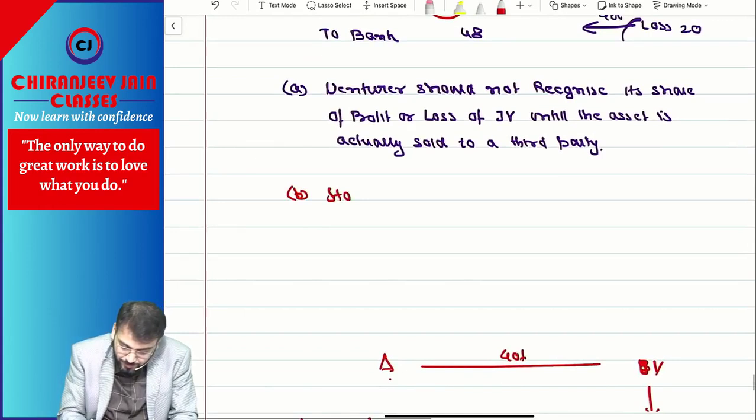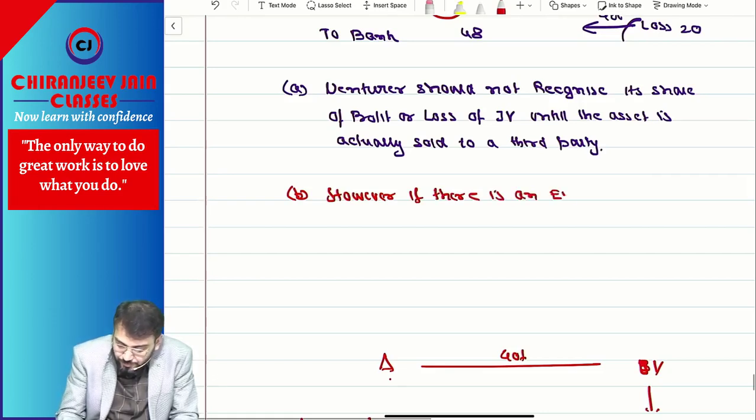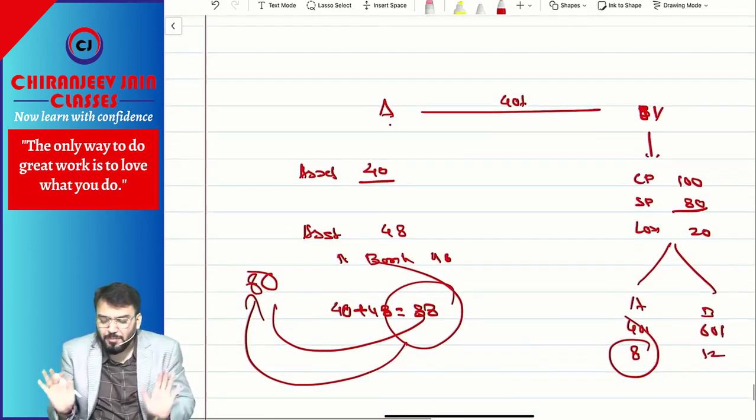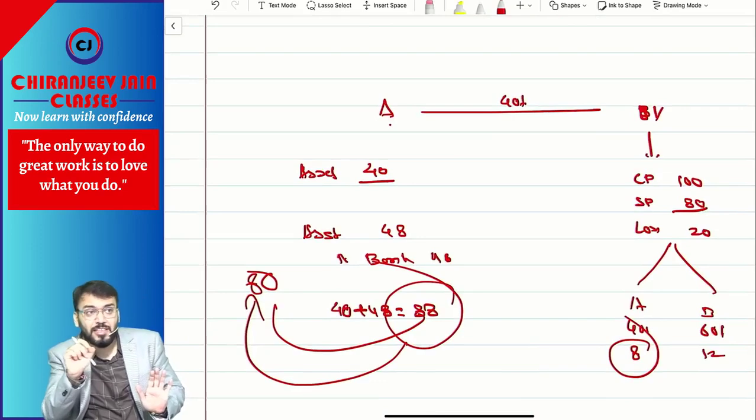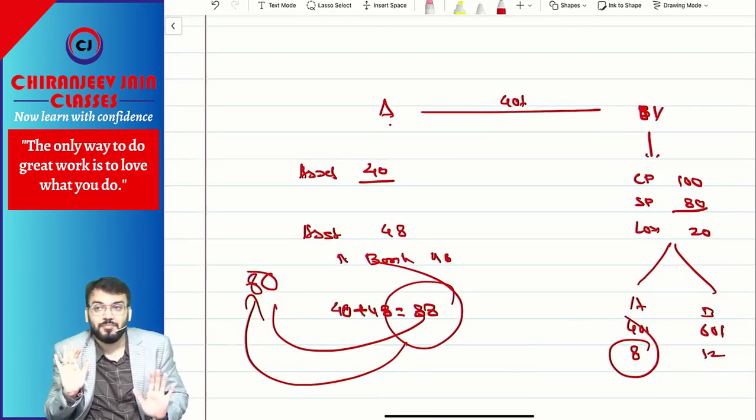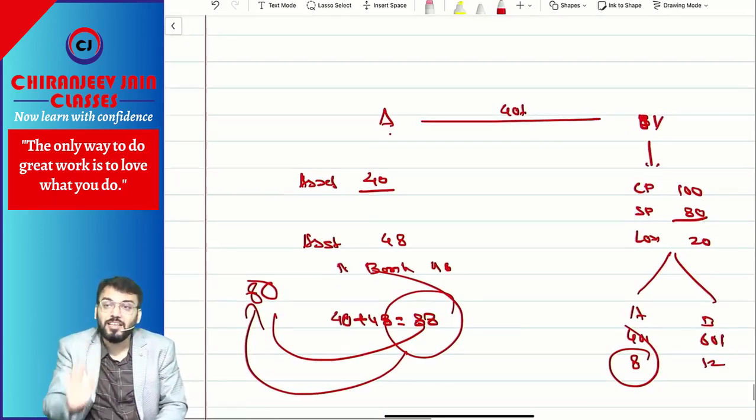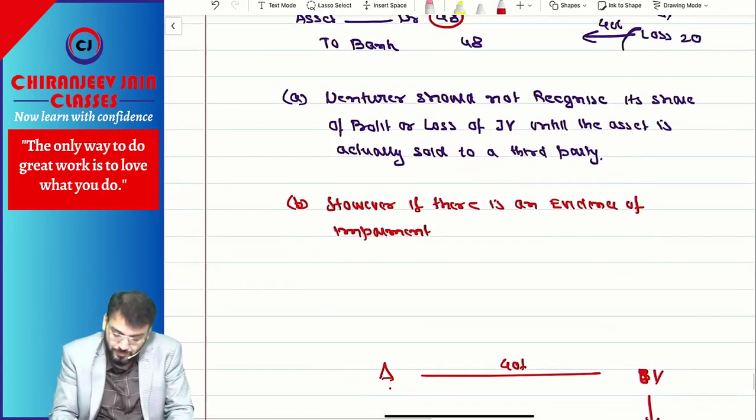So point number B. However, if there is an evidence of impairment, because the question is silent about recoverable amount, you write down in the exam: if there is an evidence of impairment, then they will recognize their share of loss.